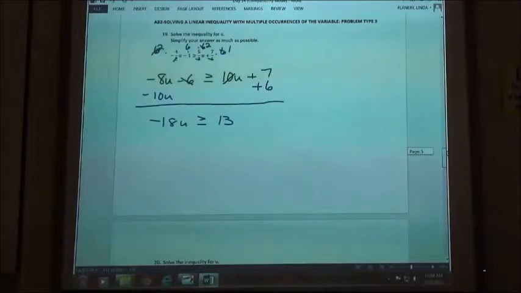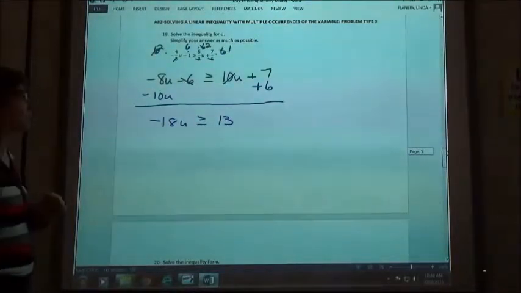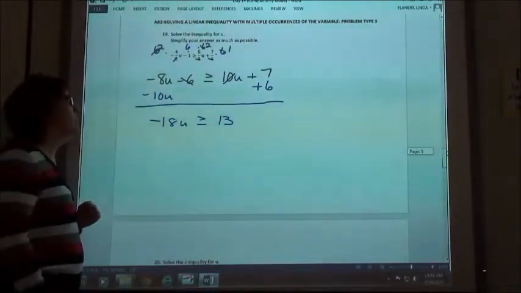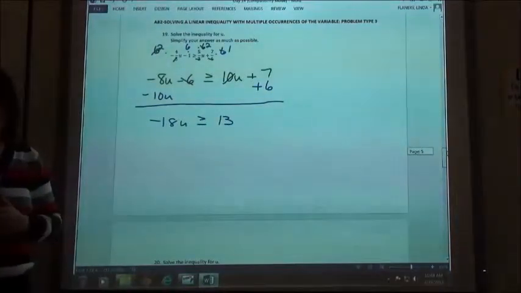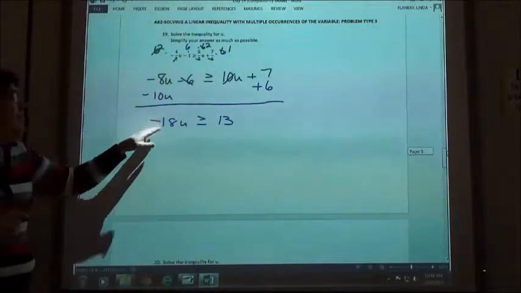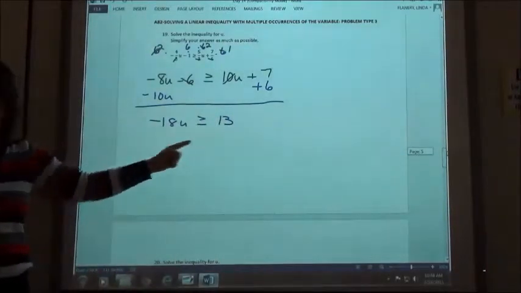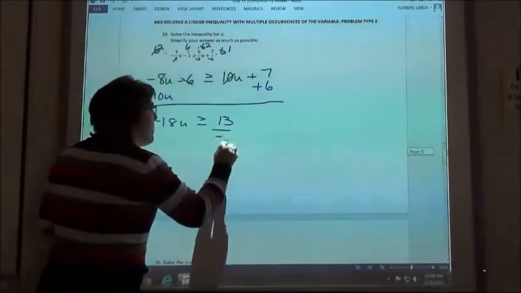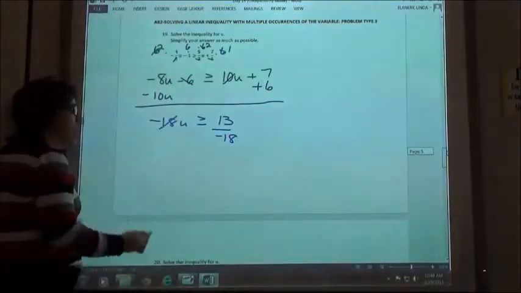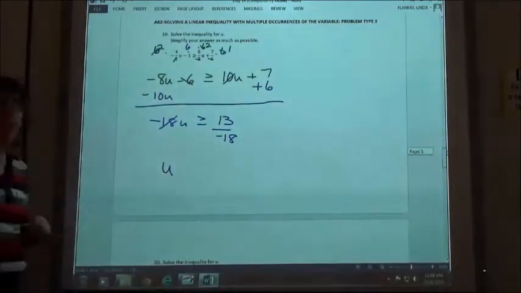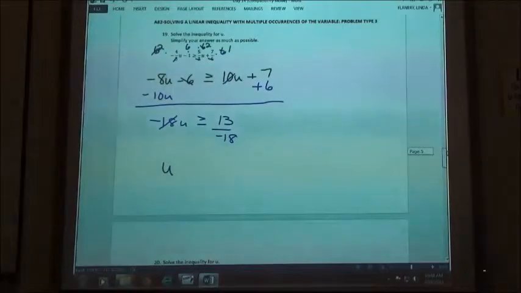Now I have to do what? You have to bring your 13 over to divide your 13 into negative 18. I'm dividing by the negative 18, right? The negative 18 goes on the bottom. So on my answer, u is going to be, and what symbol do I use in between?